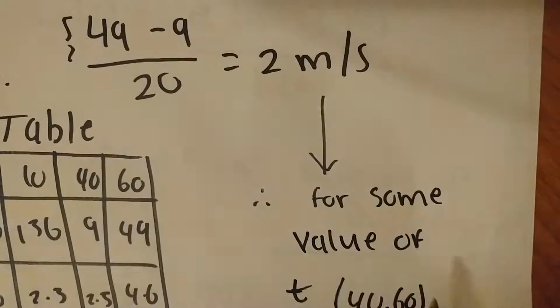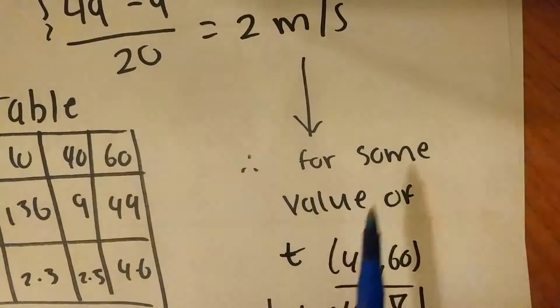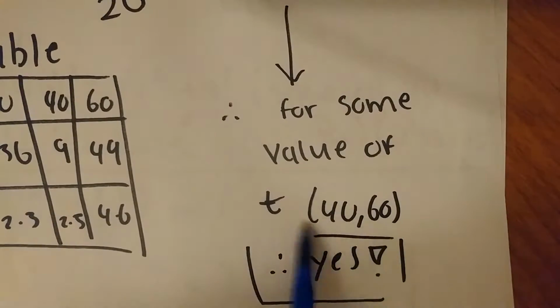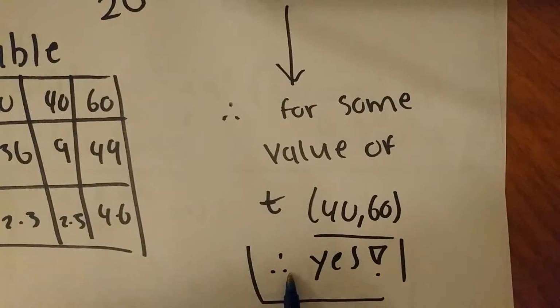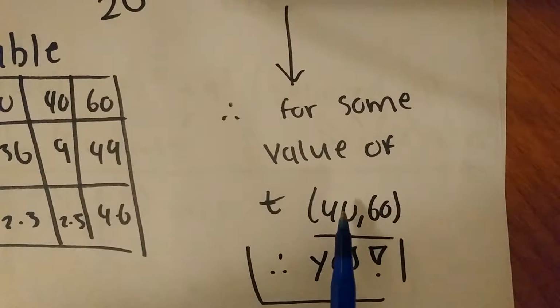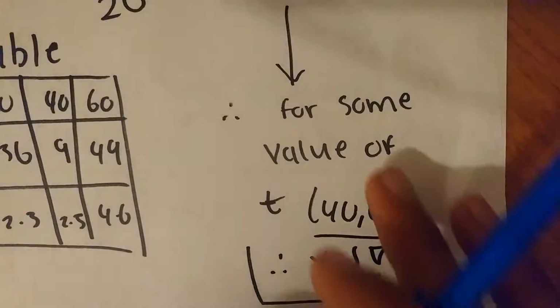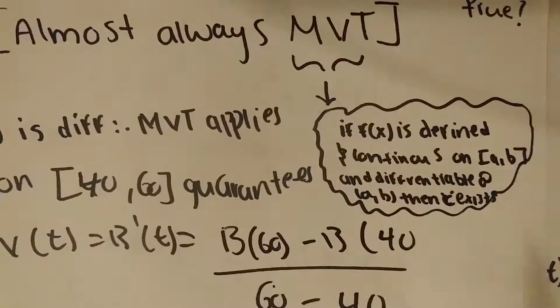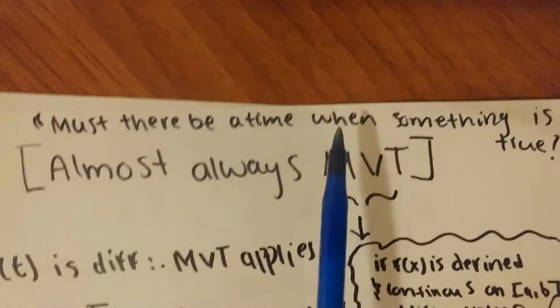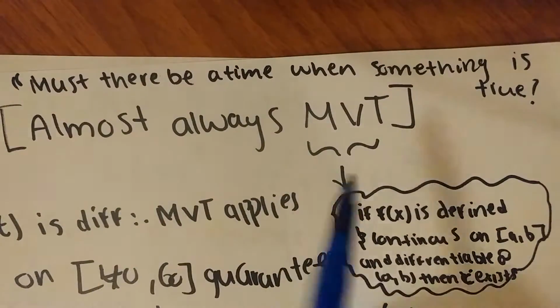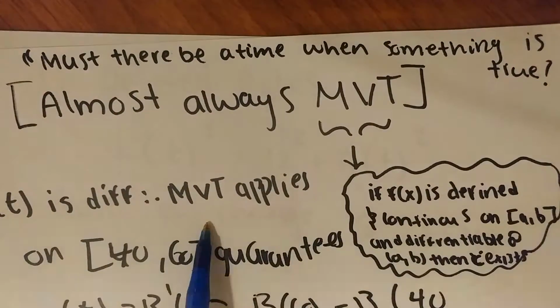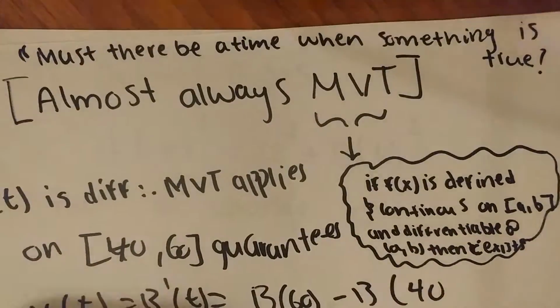And that means for some value of t between 40 and 60, in this interval, there has to be a value. So therefore, yes, there must be a time when this is true, because of the MVT and because b of t is differentiable, which means MVT applies.